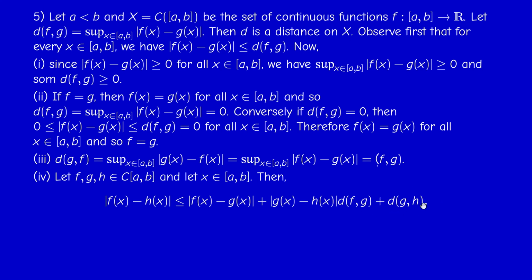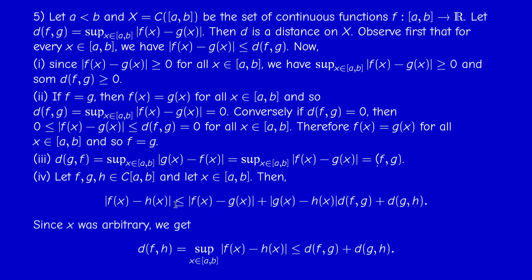So this constant, which doesn't depend on x, is an upper bound of |f(x) − h(x)|. Therefore, it is bigger or equal than the supremum, because the supremum is the smallest upper bound. So we get the distance between f and h, which is by definition the supremum, is less or equal than d(f,g) plus d(g,h). Okay? So this concludes example 5.